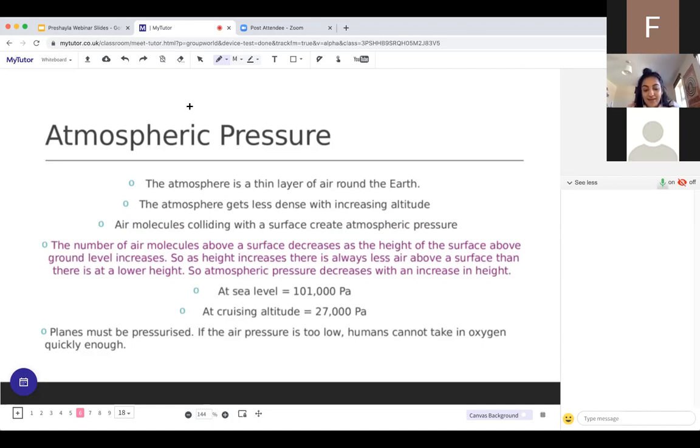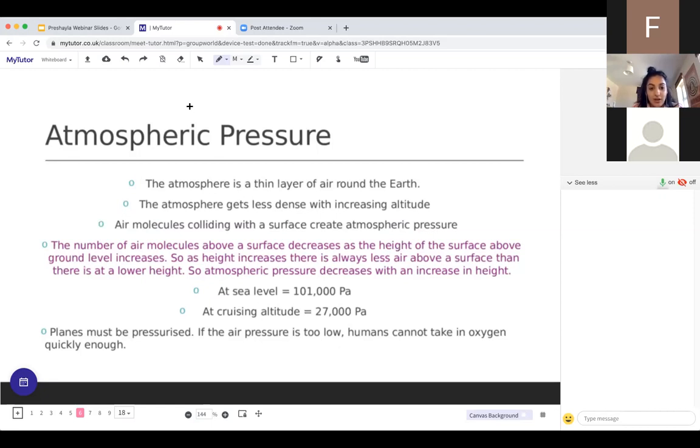And the air gets thinner, gets less dense as we go up. So the air at sea level is much more dense than the air in the sky that an aeroplane might fly at. And the reason that we have atmospheric pressure is because air molecules collide with a surface.